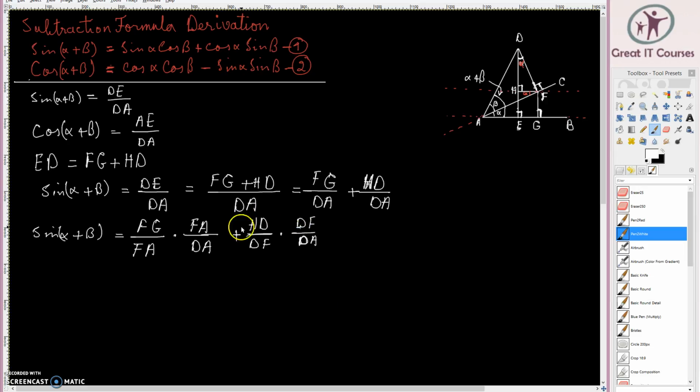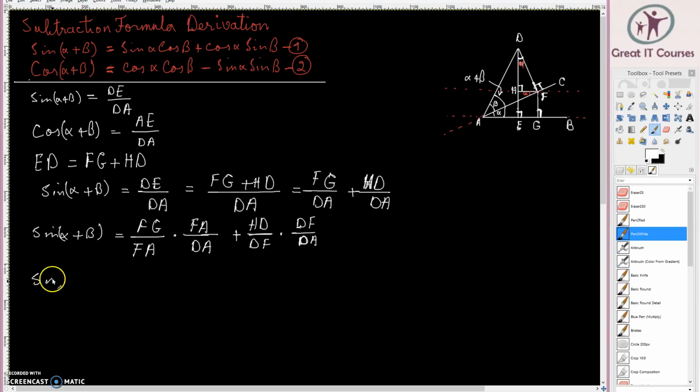So basically then these are the sum formulas. Okay, so now you can basically do the whole thing.